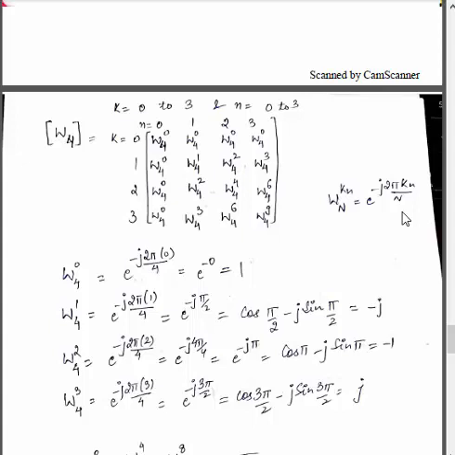Now N is 4, so the range of k and n is 0 to 3.